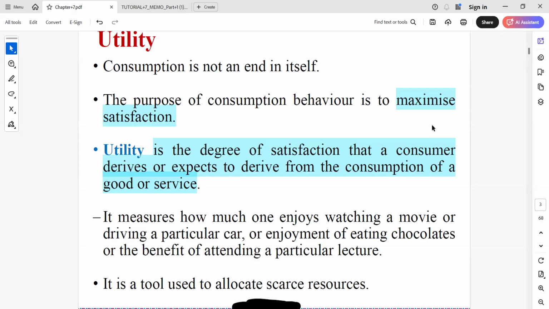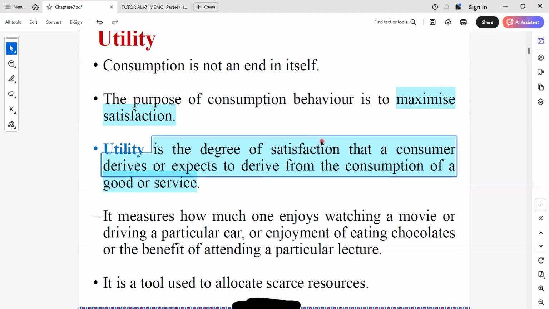Utility is the satisfaction that you get, and to measure utility, we use utils, which are basically the numbers that you give to the satisfaction you get from consuming that particular good or service. I hope that was clear. The important thing you have to know here is the meaning of utility. I was just explaining so that you guys understand what we are discussing here.